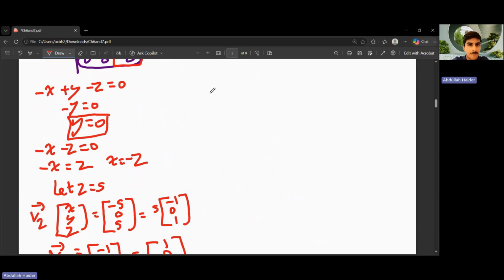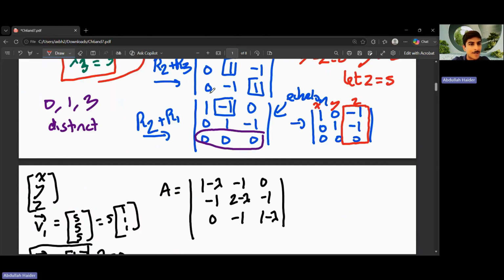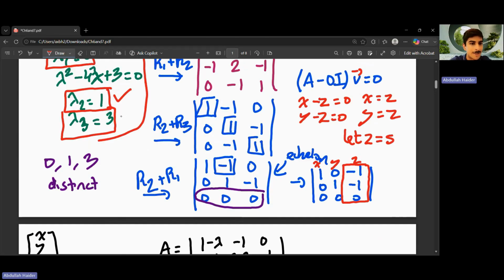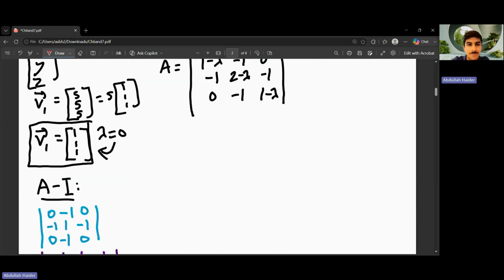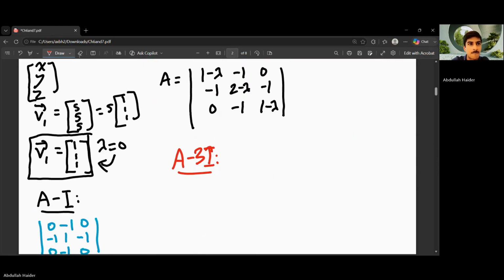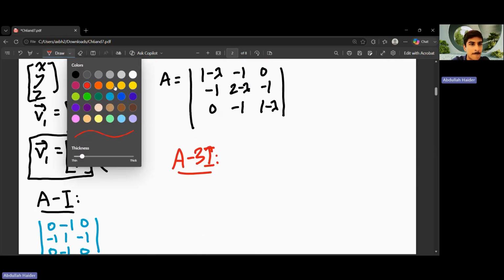So now we need to find our eigenvector which corresponds to lambda 3 equals 3. How do I do this? A minus 3I means I substitute 3 everywhere in this main equation.